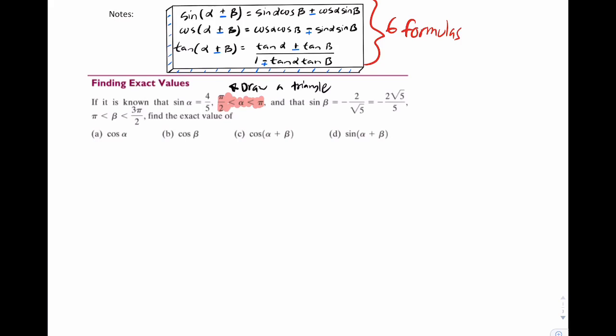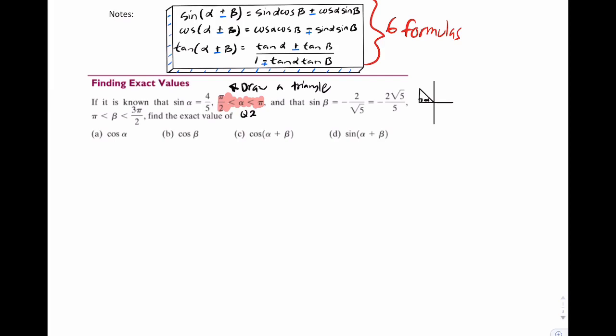I'll put the triangle on the side over here. For the alpha triangle, it says between pi over 2 and pi, so that's going to be quadrant 2. So we draw a triangle right there in quadrant 2.